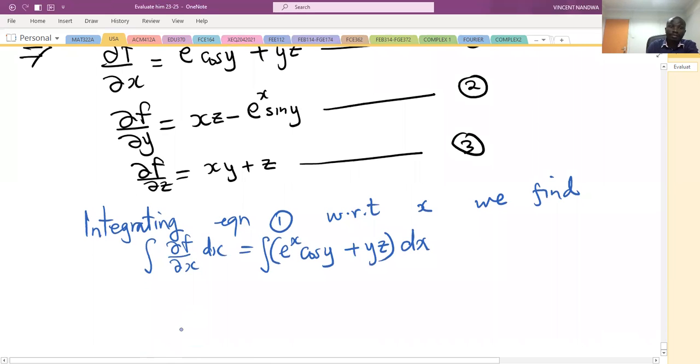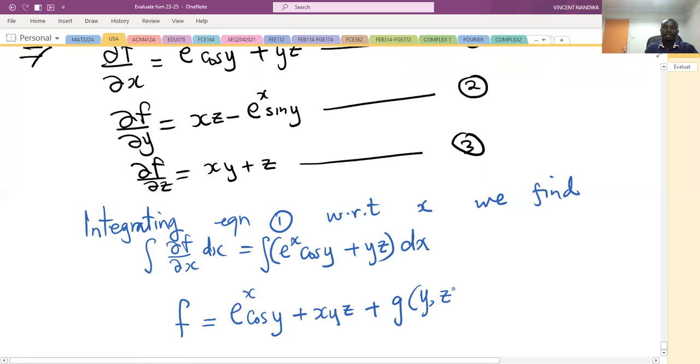So this will give us f equals e raised power x cosine of y. There is no x, so it will just have x, y, z, and then plus g. Now, because this is a function of 3 variables and we're carrying out integration with respect to x, the constant of integration becomes a function of y and z. Call this one equation 4.